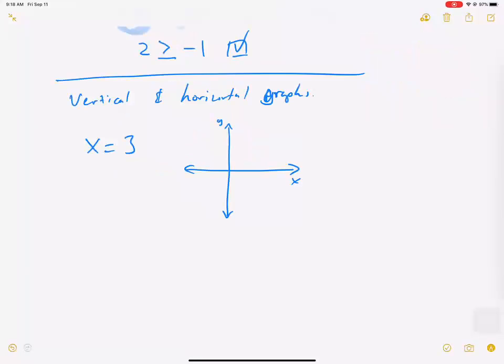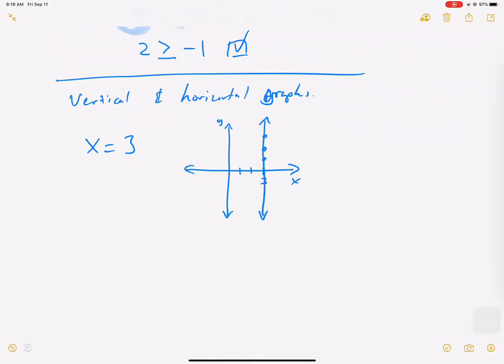My point right now is to remind you of graphing lines when you only have one variable. If I tell you x is 3, 1, 2, 3, okay, I see 3. But did I tell you a y value? Turns out I don't care. Y could be 1, y could be 2, y could be 3. As long as x is 3, we end up with a vertical line.